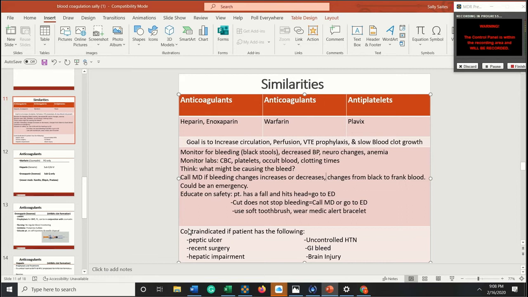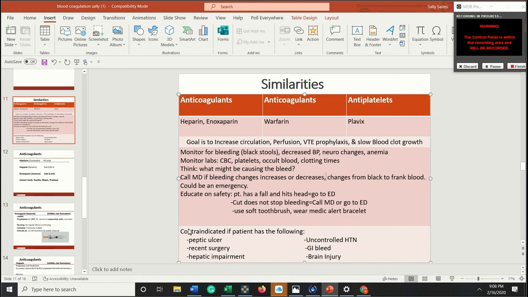Uncontrolled hypertension. So I want you to think about this for a moment. If you have hypertension, uncontrolled being very high, and you have a hemorrhagic bleed in your brain because of the uncontrolled hypertension, which is an absolute side effect of uncontrolled hypertension, the bleed in your brain is going to be much, much worse if you're on any of these medications, because your body is not going to clot as quickly as it would normally or at all.